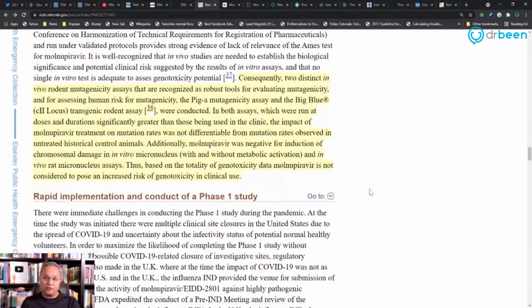And what they have over here is 2 studies in a mice model, and I have no problem with the mice models, where Molnupiravir was not seen to be mutagenic. And you have always seen that I do not just take a position and start bad mouthing something for the sake of doing that. Molnupiravir, if it proves to be useful, is going to be useful.